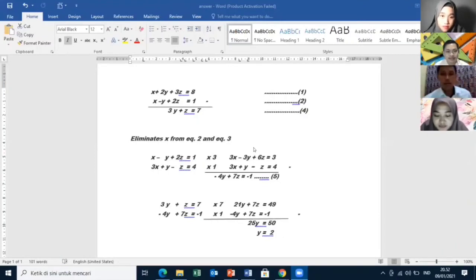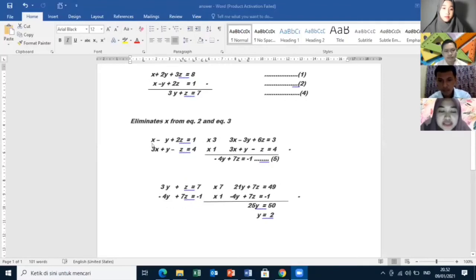First step, we can remove x from equation 1 and equation 2. Equation 1 is x plus 2y plus 3z equals 8, and equation 2 is x minus y plus 2z equals 1. We subtract, and the result is 3y plus z equals 7, which is equation 4. Next step, we eliminate x from equation 2 and equation 3.